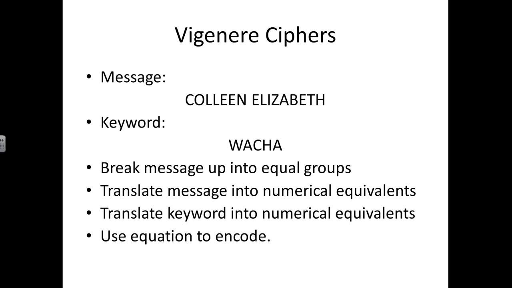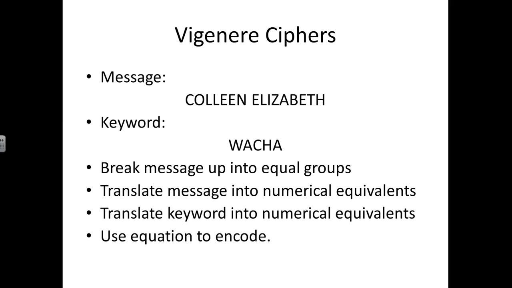So if I had my name, Colleen Elizabeth, in this system you need a keyword, which mine is Waka, as you can see, is Carnold's themed. Since Waka is length 5, I'm going to split up my name into length 5, hence it's a block cipher as stated previously on the slide.